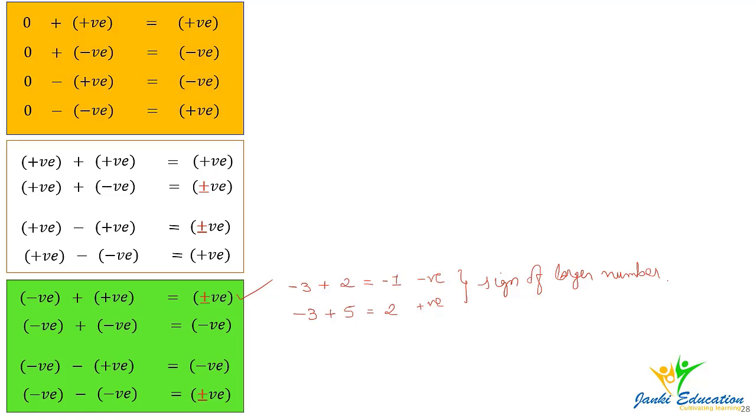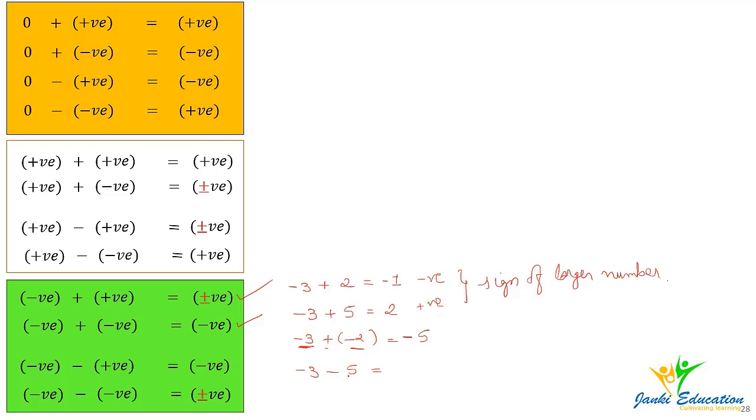Negative plus negative. What is the answer? So here negative plus negative. A man in debt takes more loan. What will happen? His loan will be increased. So 3 plus 5, but he remains in loan only. Understood? Like that it goes. Fine. This part, negative minus positive.